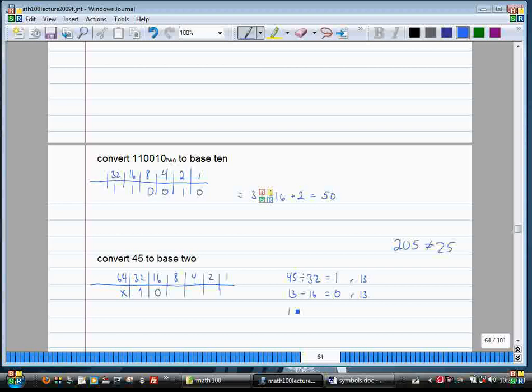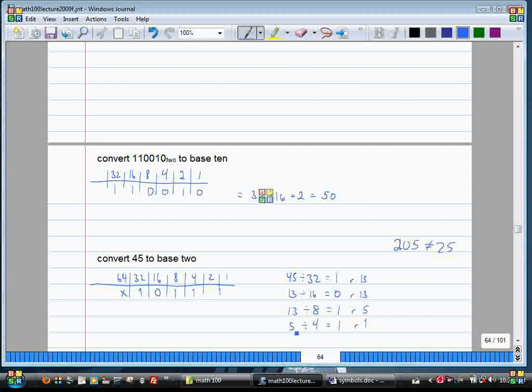13 divided by 8, which is 1, remainder 5. So we know we have an 8. 5 divided by 4 is 1, remainder 1. So we know we've got a 4. And what next? Yeah.